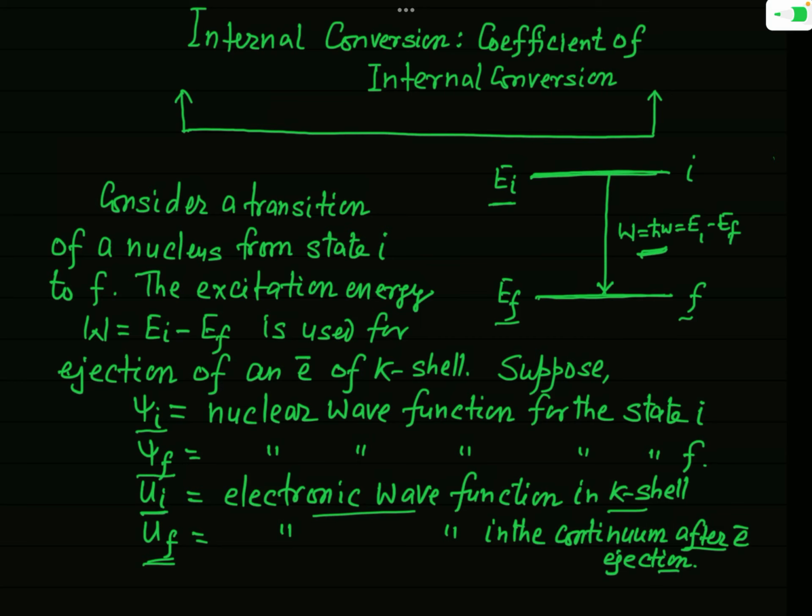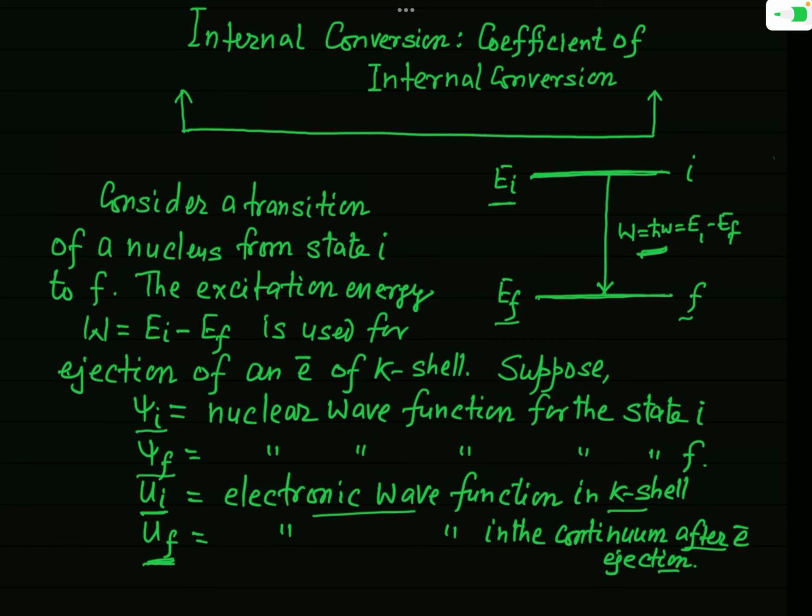So UI will have the form of the wave function for a hydrogen-like atom. But as the electron is ejected from the K shell with a kinetic energy much greater than the binding energy of the K shell electron, UF may be treated as a plane wave. So UI will have the form of the wave function of a hydrogen-like atom, and what will be the form of the wave function UF?